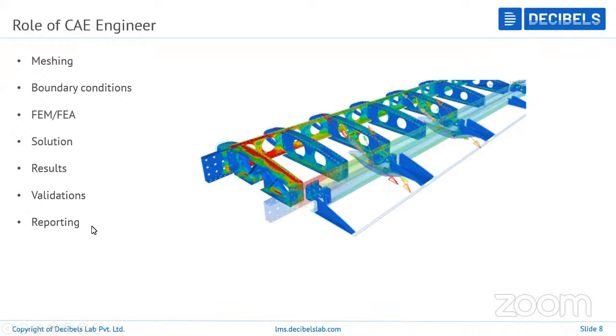I'm going to report it if it is validated. So these are the procedures. All the CAE industries follow the same procedures: meshing, boundary condition, solution, results, validating the results, and reporting the results.